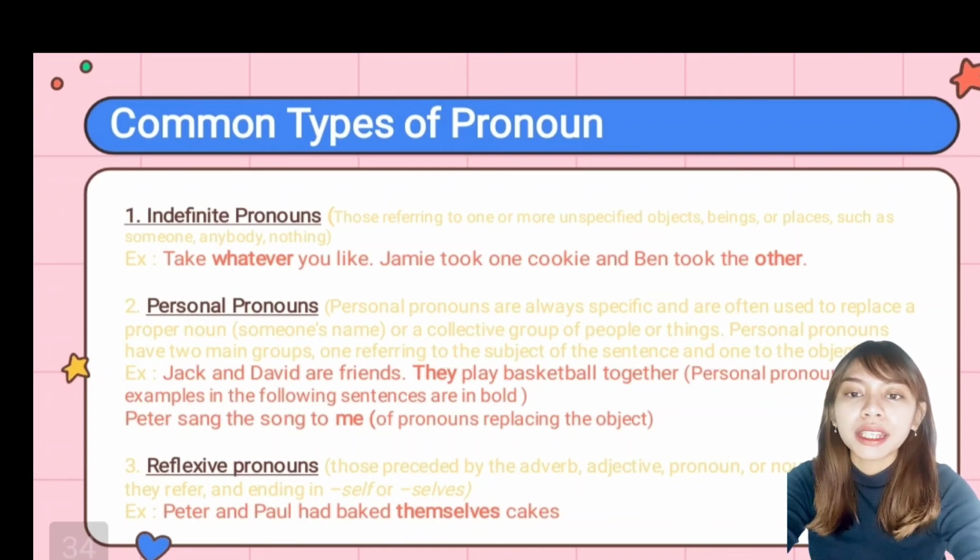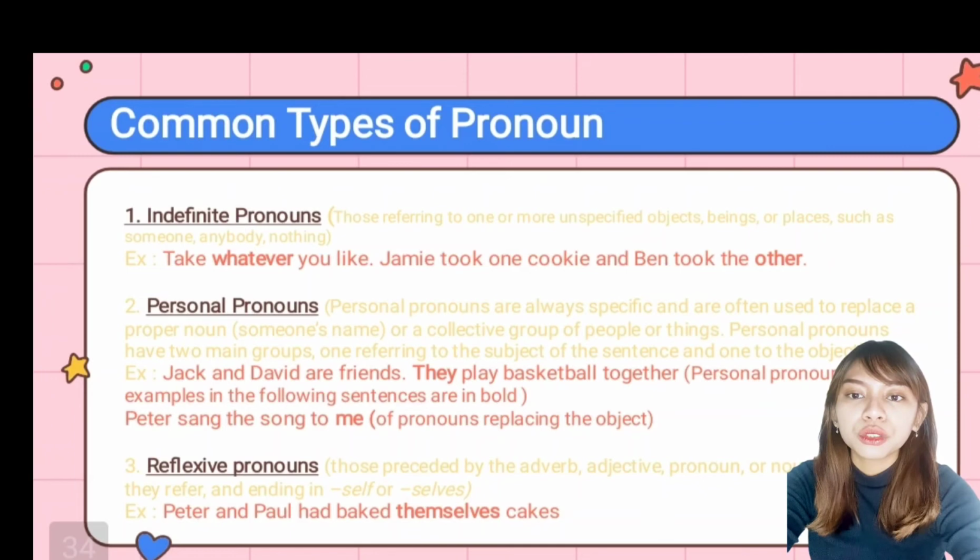The example is: take whatever you like. Jamie took one cookie and Ben took the other. So for this sentence, the indefinite pronouns are whatever and also other.